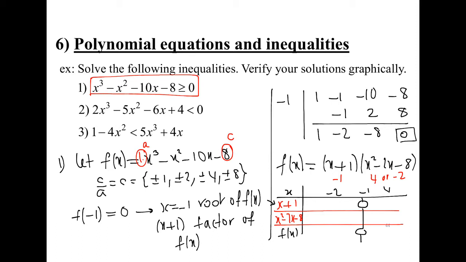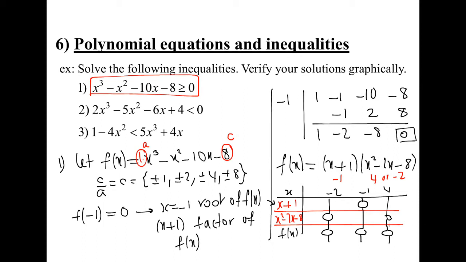And once x equals -1, f of x is also 0, therefore -1 is also a zero of the polynomial. Similarly, -2 and 4 are zeros of the quadratic factor, and they're also zeros of the polynomial. So these are for the zeros.